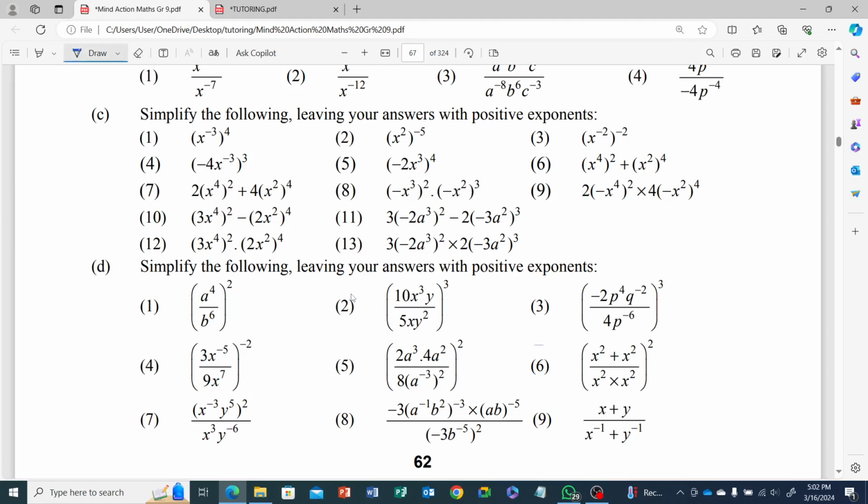We are going to deal with these three. Okay, so let's see.